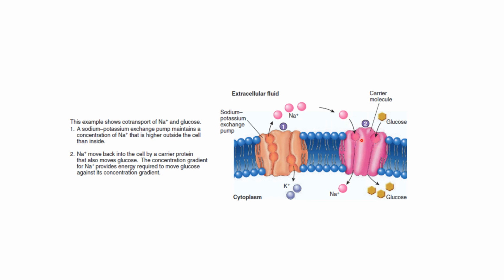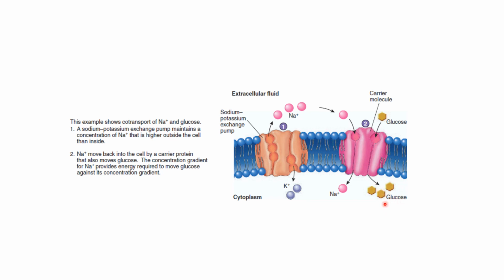So this symporter is using concentration of sodium, it is passing sodium along its concentration gradient, and glucose is also taken into the cell by using concentration gradient of sodium. When sodium binds to this transporter, it changes its shape so that the glucose gets attached to its domain, and then the sodium is passed into the cell, and along with that the glucose is passed against its concentration gradient into the cell.